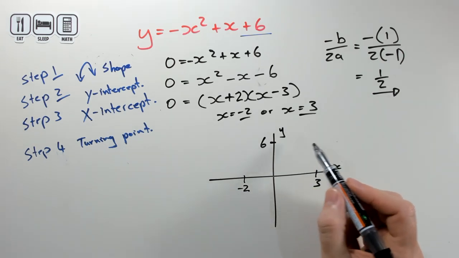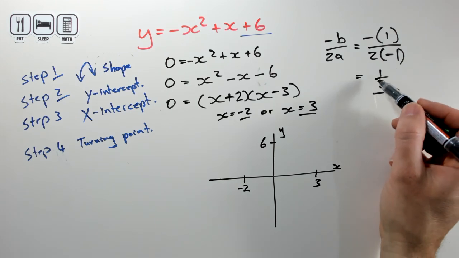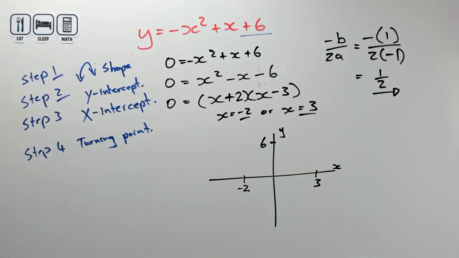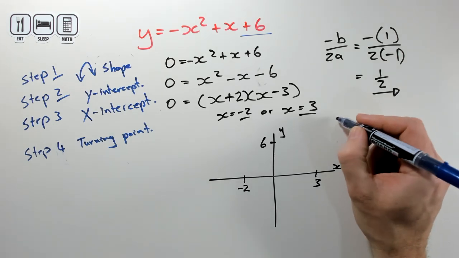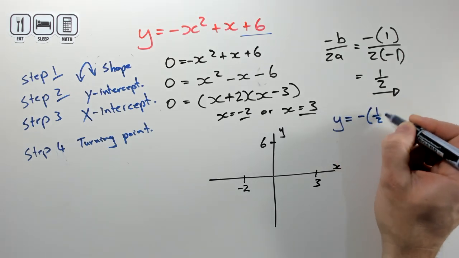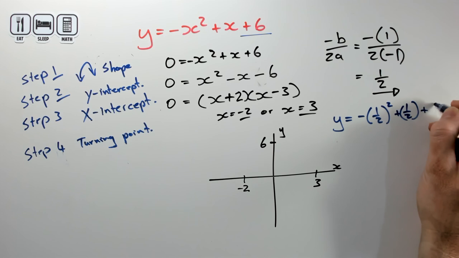And the turning point is a half, but I don't have the y value. So I should actually get the y value by just subbing it in. Let's just get a different color. I'm getting tired of this one color. y is equal to -(1/2) squared plus a half, and then +6.